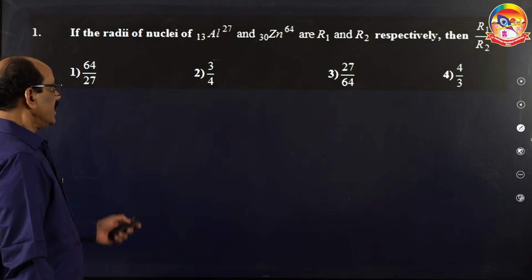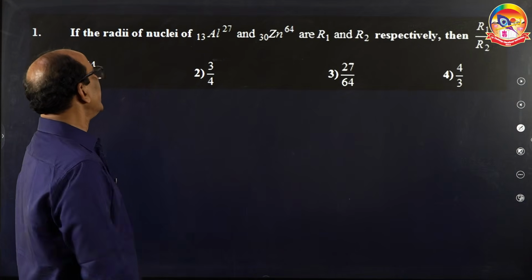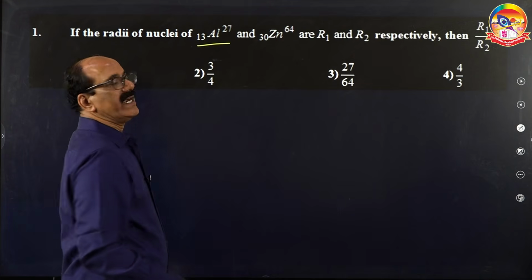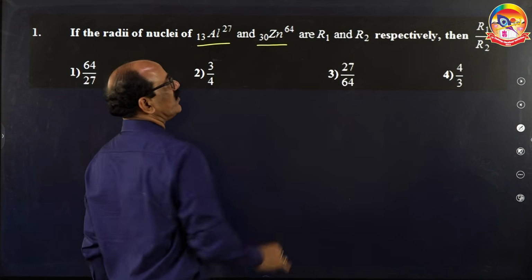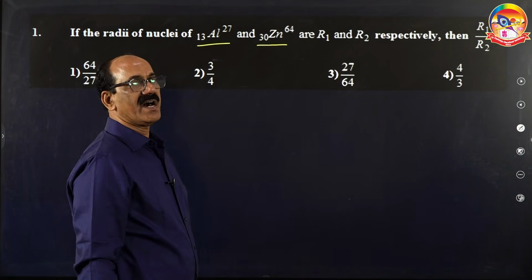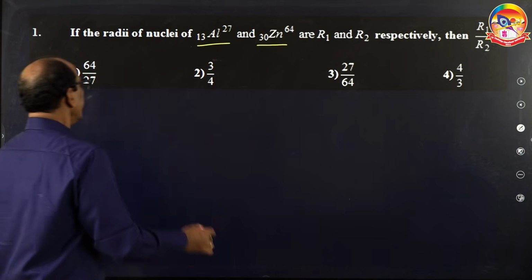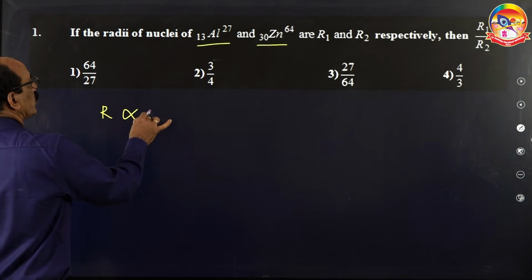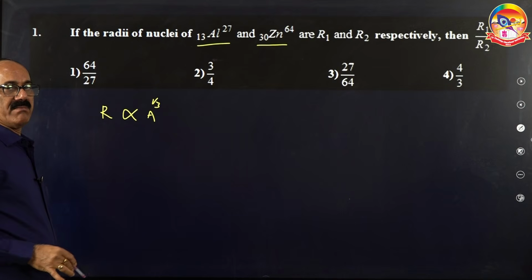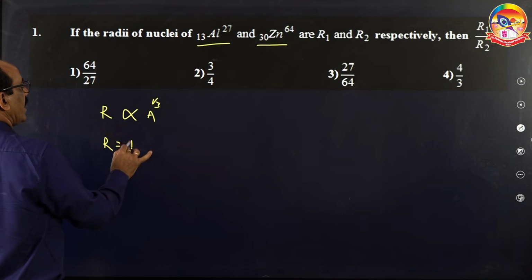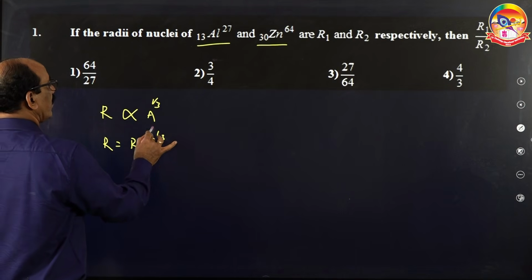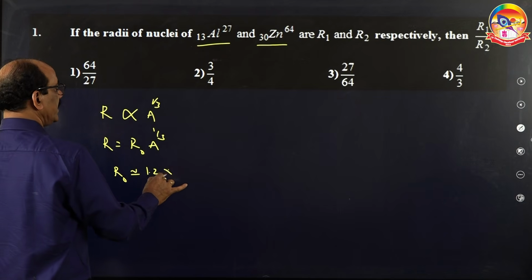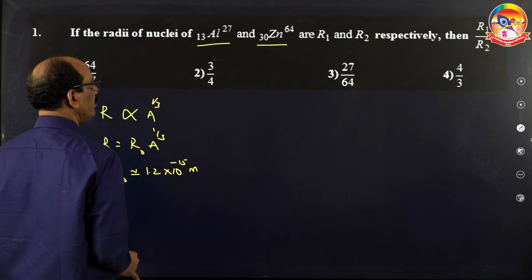So the first numerical is: if the radii of nuclei aluminum 27 and zinc 64 are R1 and R2 respectively, then R1 by R2 is. The radius of the nucleus is directly proportional to the cube root of the mass number, and it is given by R is equal to R naught into A to the power of 1 by 3, where R naught is a constant which is nearly 1.2 Fermi, that is 1.2 into 10 power minus 15 meter.